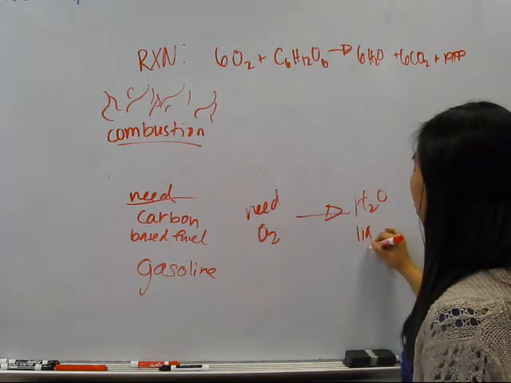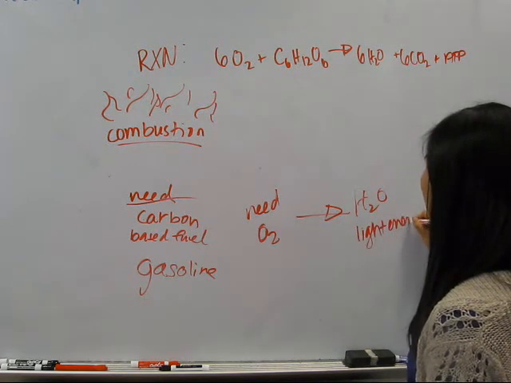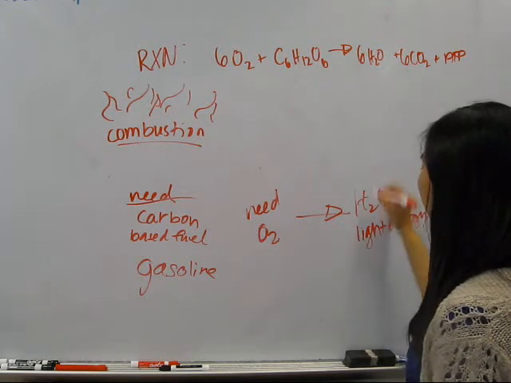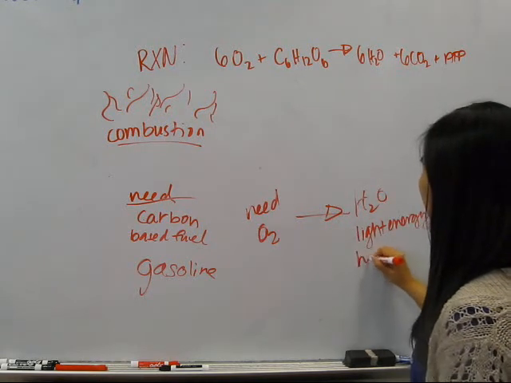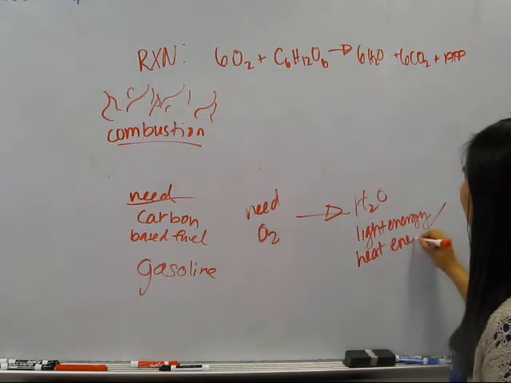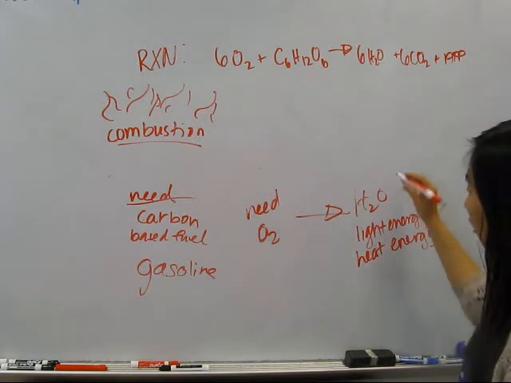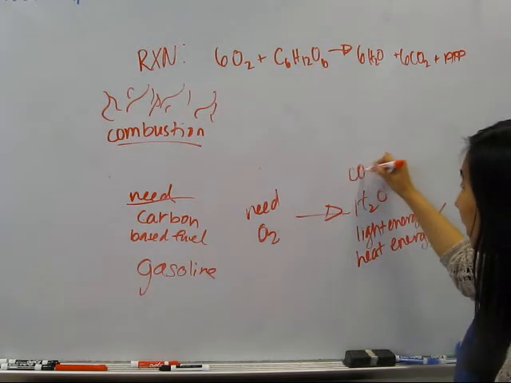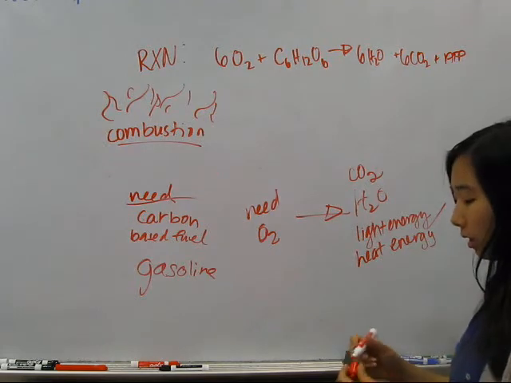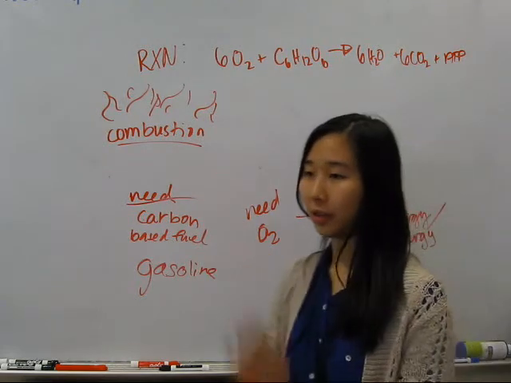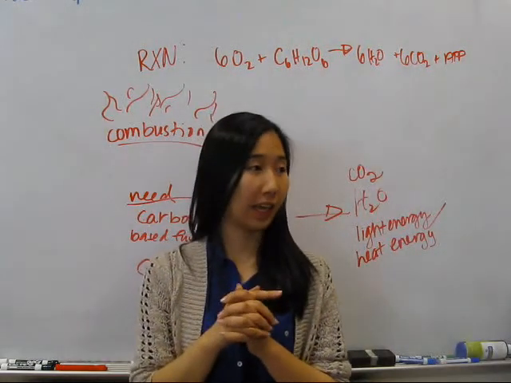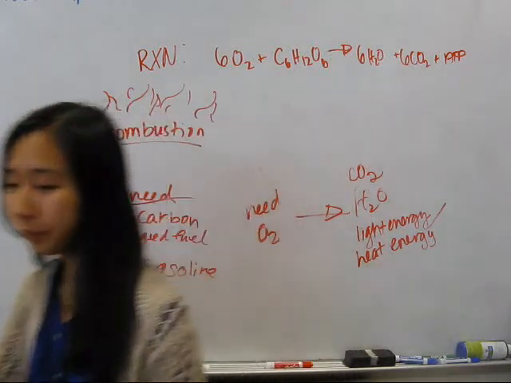In this case, you're creating light energy and heat energy, and you're also creating some carbon dioxide, okay? So hold that thought. Let me see if I can find a candle to burn, or a piece of paper to burn.